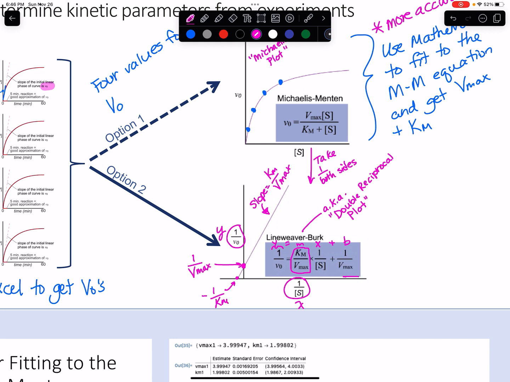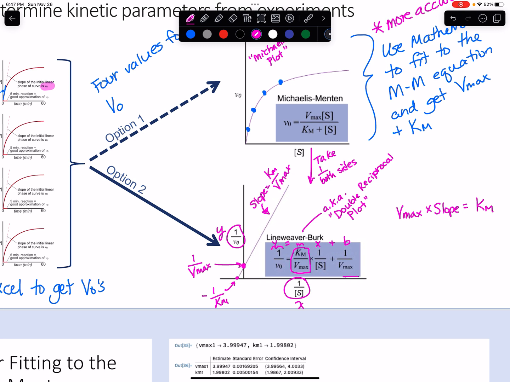But you can get your Michaelis constant by solving the slope for Km. So the Vmax times the slope is equal to your Km, okay? So you can do Lineweaver-Burk analysis.